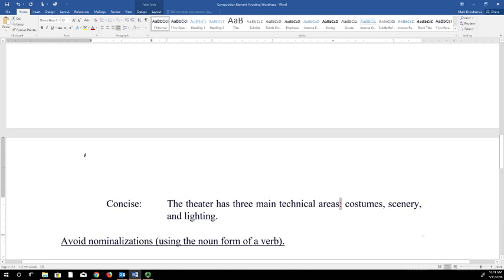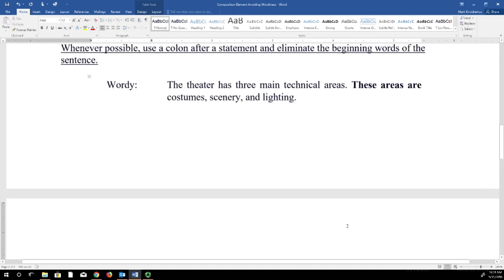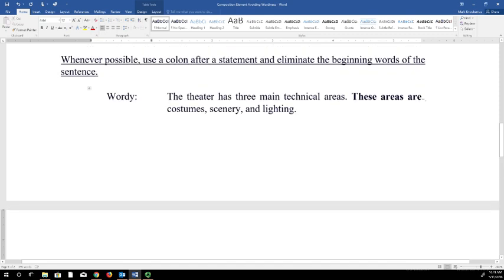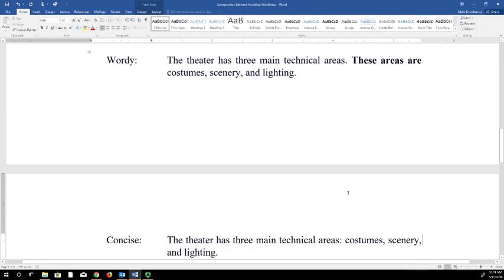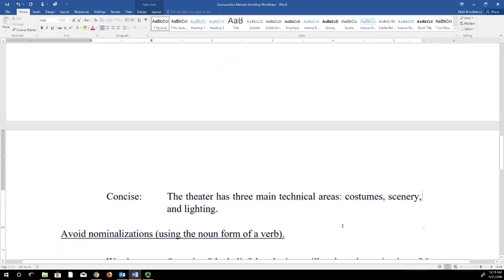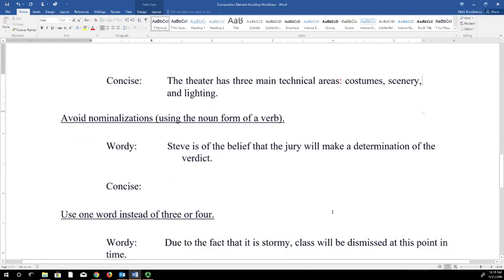What is that punctuation mark? The colon. Look at that, guys. Boom. The theater has three main technical areas: costumes, scenery, and lighting. This one punctuation mark takes the place of all of these needless words. And anytime you can do this with your writing, do it. Please, please do it.